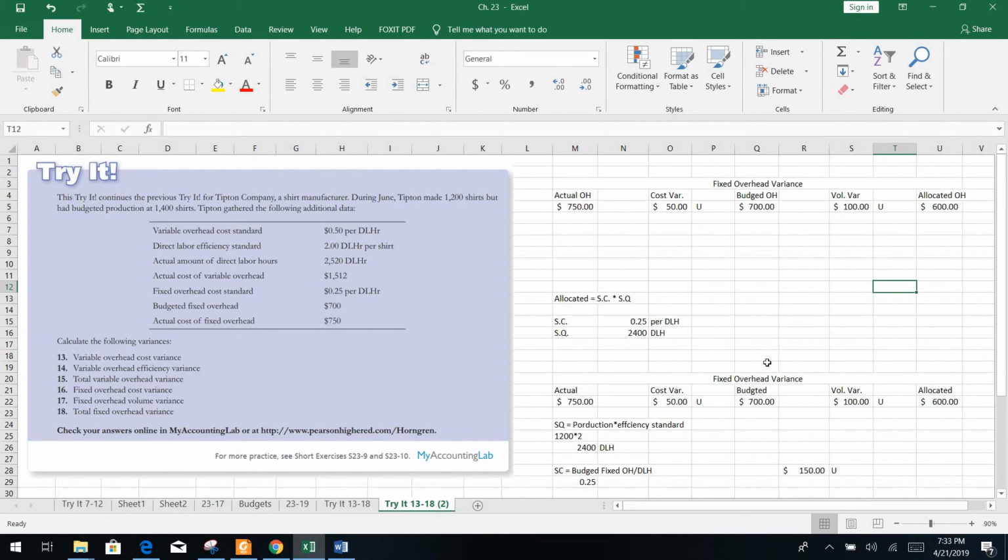Okay, so here we have 750, 750, 50 unfavorable, 50 unfavorable, 700, 700, 100 unfavorable, 100 unfavorable, 600, 600. So that's correct, and here are the calculations that I did, but those aren't particularly important.